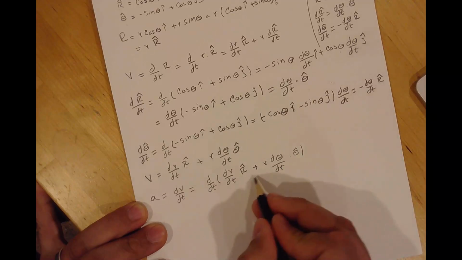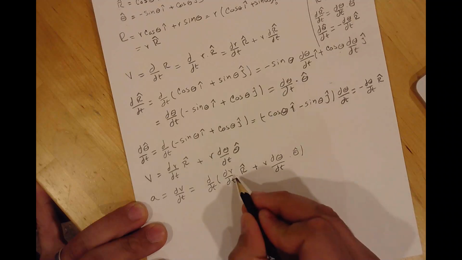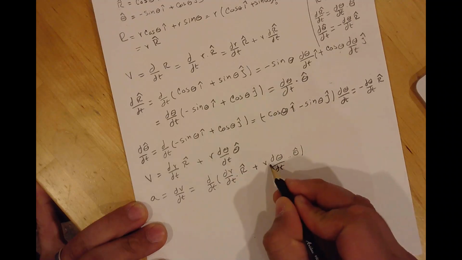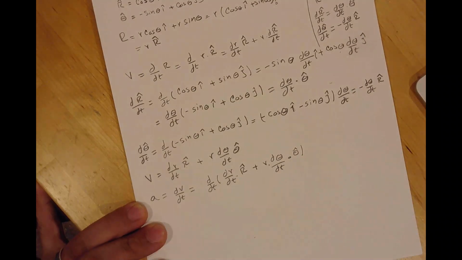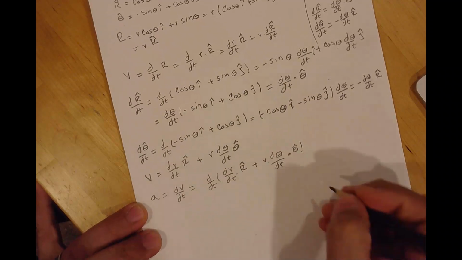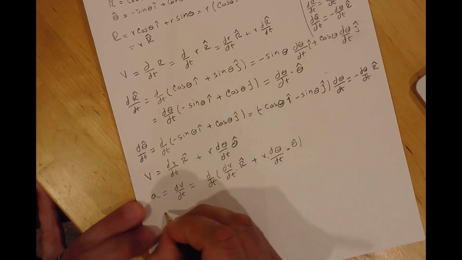This is a multiplication, and this is another multiplication, and this is another multiplication, so we have three multiplications there. Let's get them one by one.